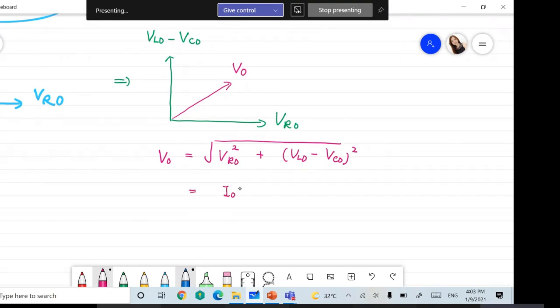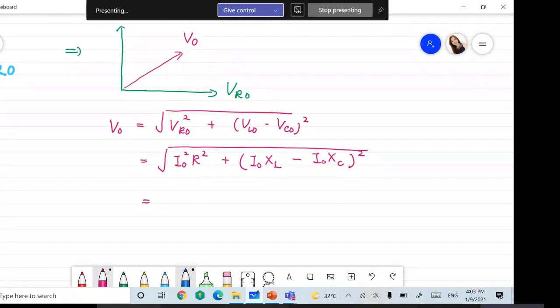Then, applying Ohm's law again, V equal to IR, I have the square root of I0 squared R squared plus (I0 times R) where R across the inductor is not resistance but reactance. So we have the symbol XL minus XC, squared.